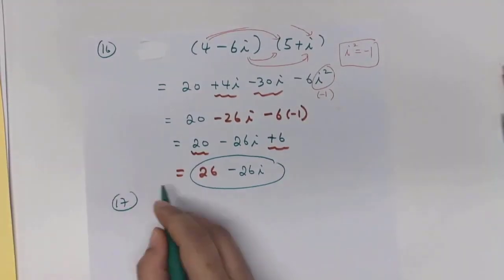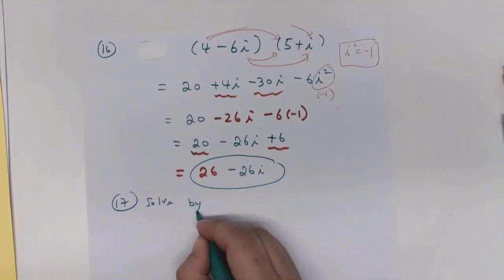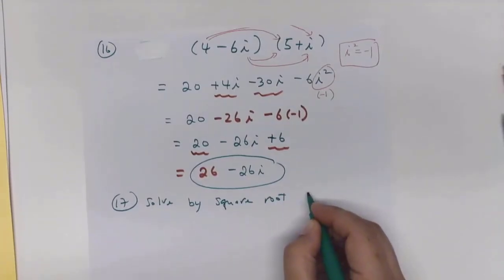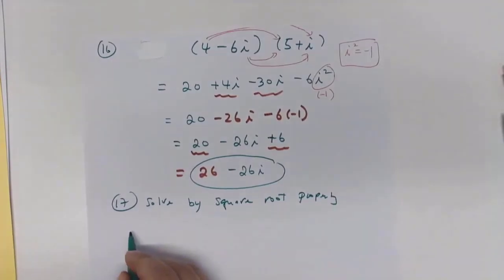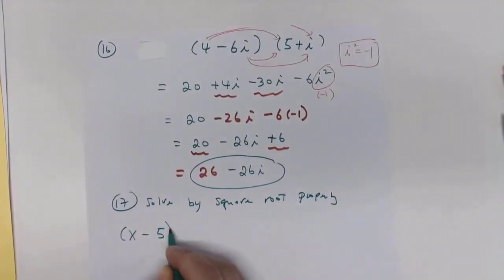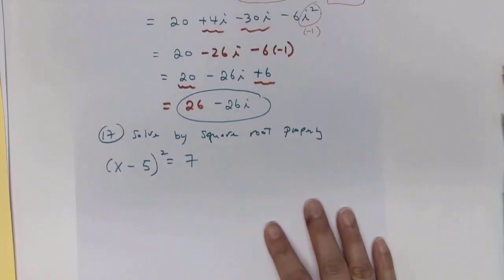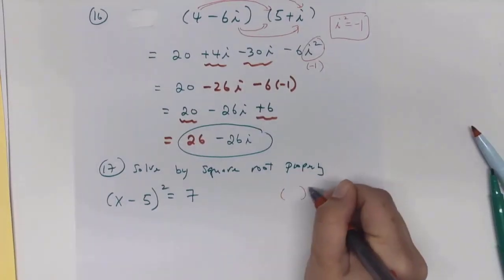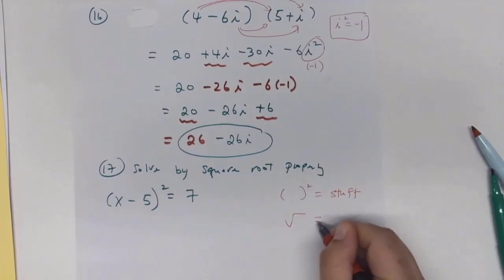Number 17, they want you to solve by square root property. The question is x minus 5 perfect square equal to 7. So the square root property says if you have stuff, perfect square, equal to some stuff, then you can take the square root of both sides.